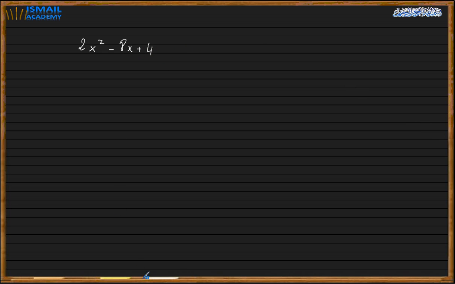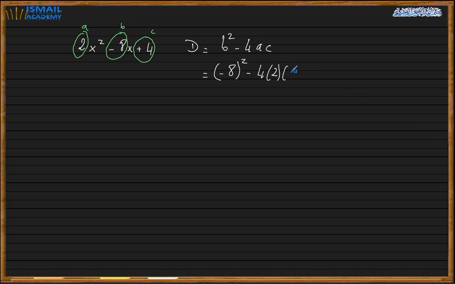Again, this is my A, this is my B, and this is my C. So my D will be b squared minus 4ac, which means I will have minus 8 squared minus 4 times 2 times c, which is 4. So it's going to be 64 minus 32, which is 32.